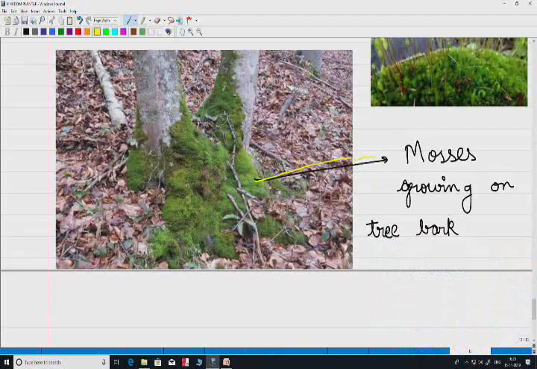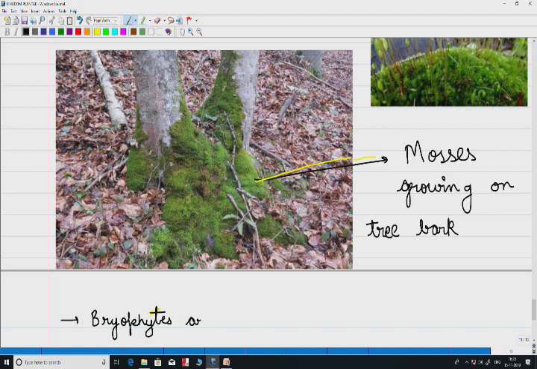Bryophytes are called amphibians of plant kingdom.